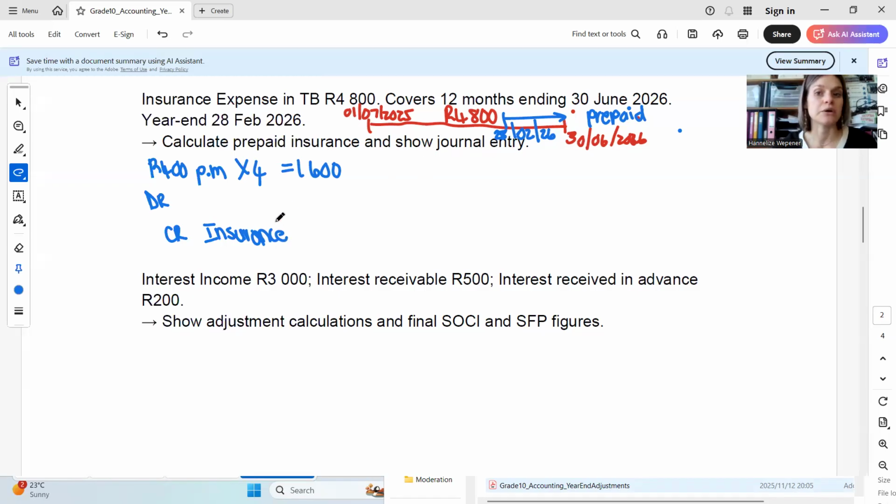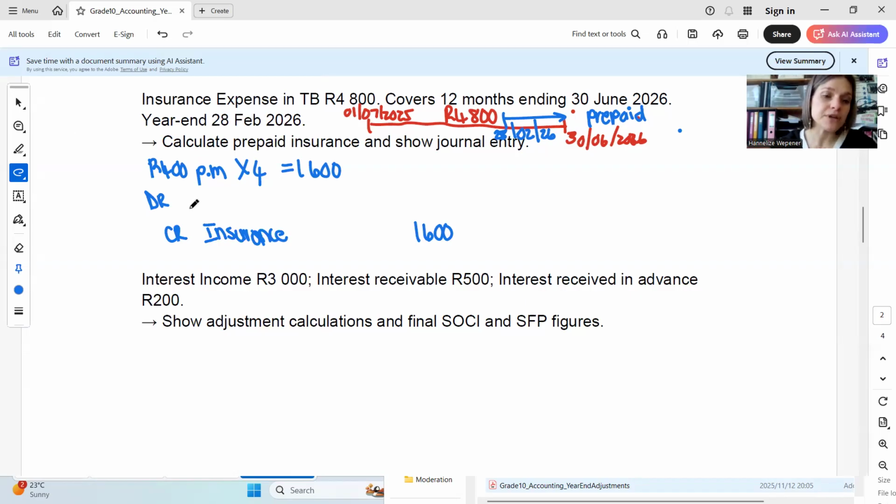We can no longer be wondering or be unsure about whether insurance increases or decreases on the credit side. Okay, so I need to remove it. Therefore, I will credit my insurance expense account because it's not included in the current year's insurance expense.